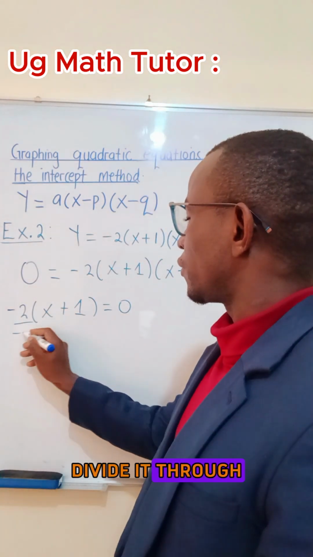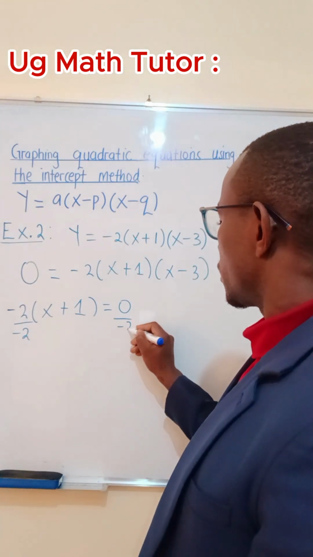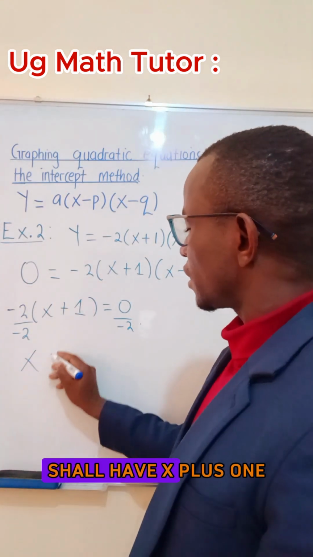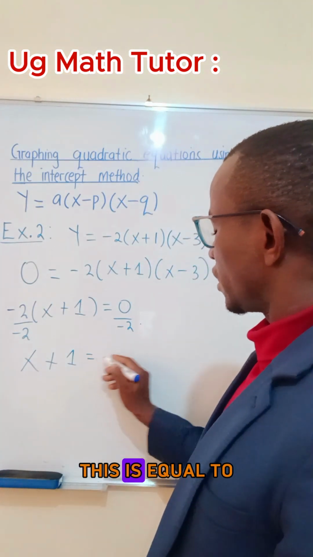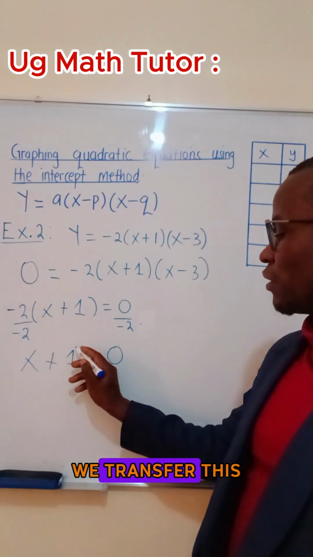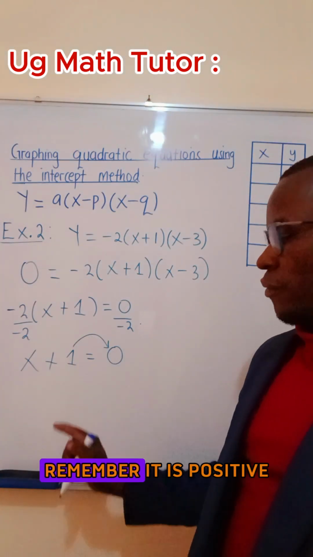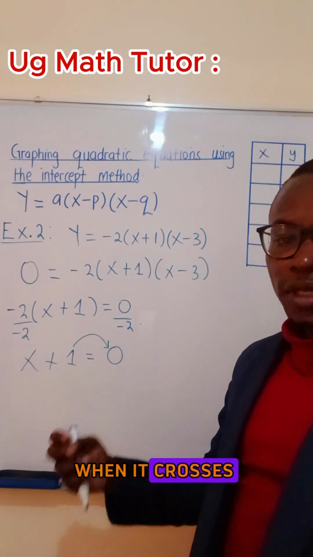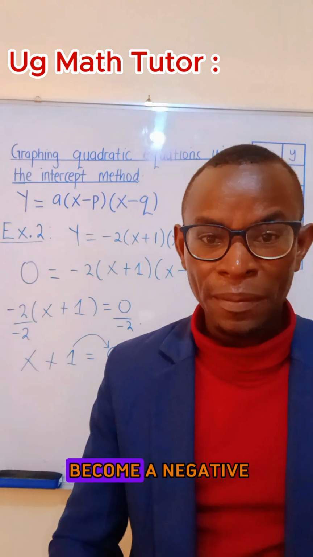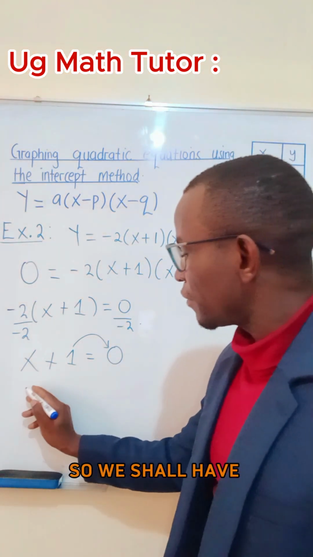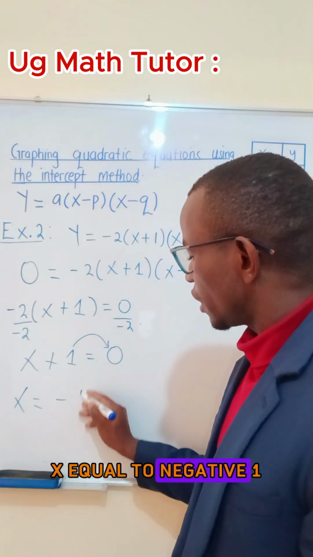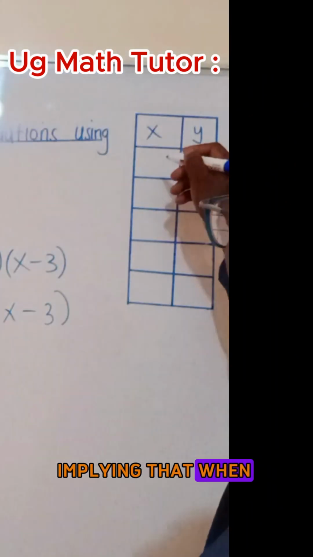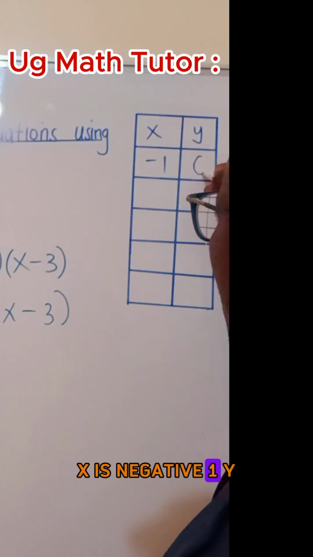Now we can divide through by negative 2 first, meaning that we shall have x plus 1 equal to 0. We transfer this 1 to the right. Remember, it is positive. When it crosses the equal sign, it is going to become a negative. So we shall have x equal to negative 1, implying that when x is negative 1, y is equal to 0, okay?